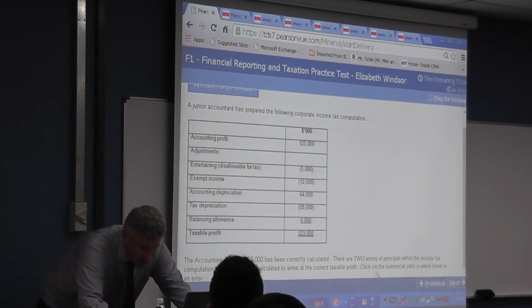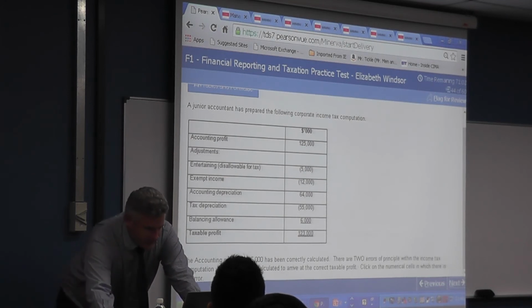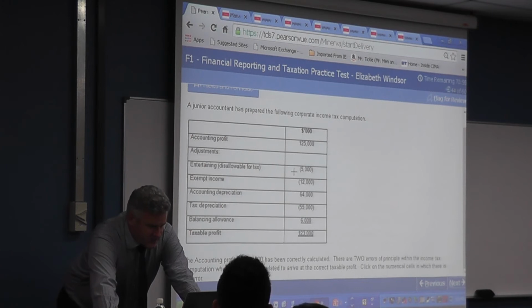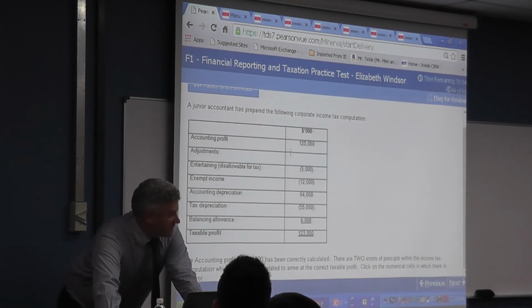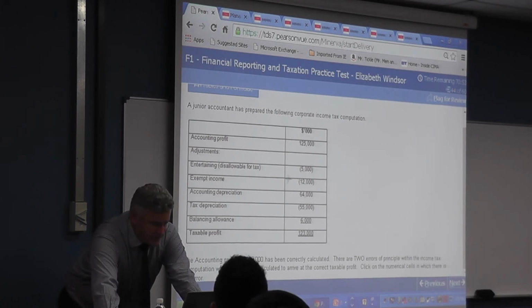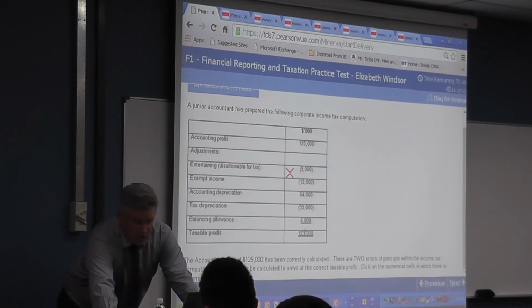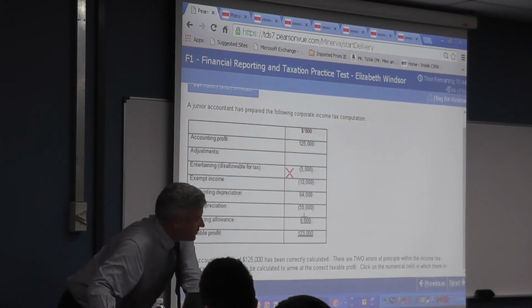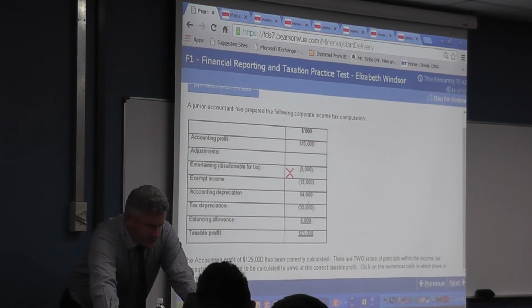And it says, click on the numerical cells in which there is an error. So disallowable for tax, right? So you see I've got little sites, a target thing there. And I'm just going to find something that I think is wrong, and I'll click on it, and up comes my shot. So this is the hot spot type of question.